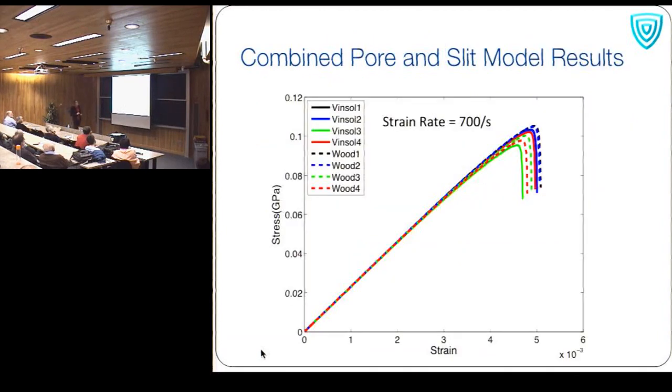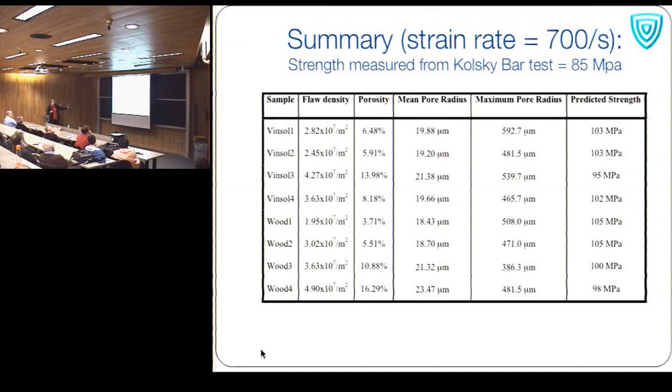And here's what happened. When we put these into our model, we get different samples. So these are Vinsol and wood, two different entrainment agents. There was really no difference between them. Don't worry about that. These are really just labels for our 8 different samples. We ran them through the model and came up with the stress strain results. I hope this isn't too much of an eye test.